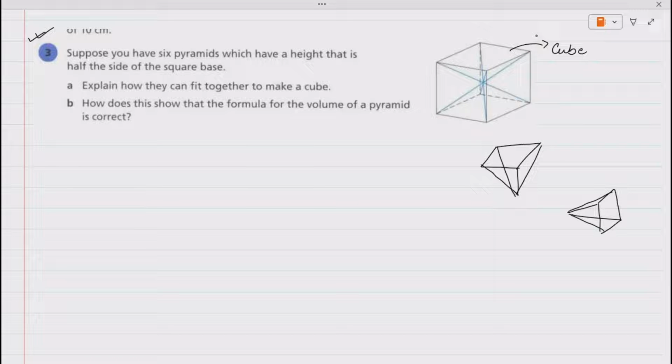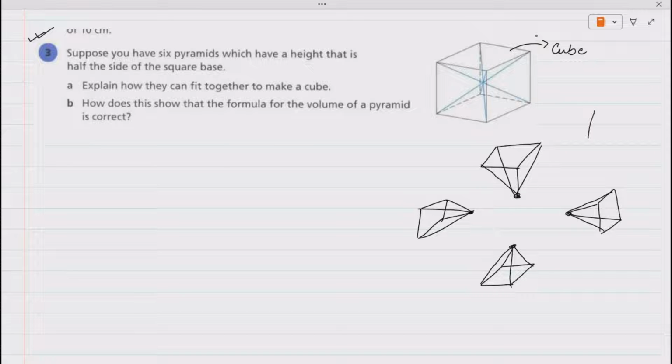I am just making this to build the intuition that, okay, these 4, when you glue them together, right? So these are 4.